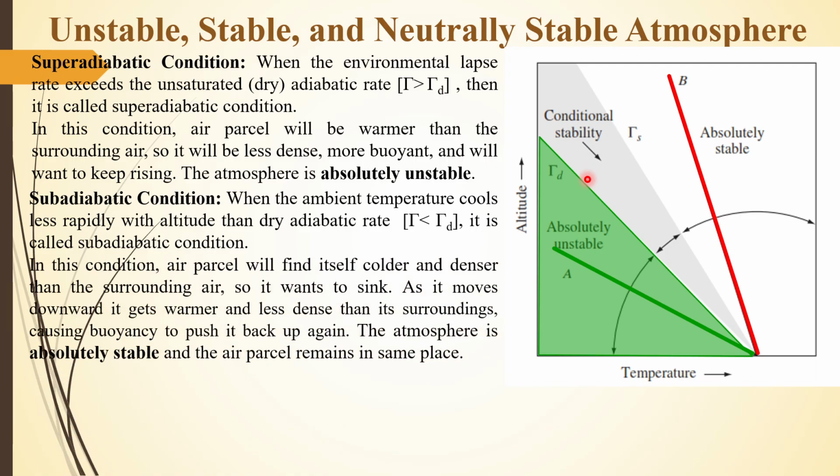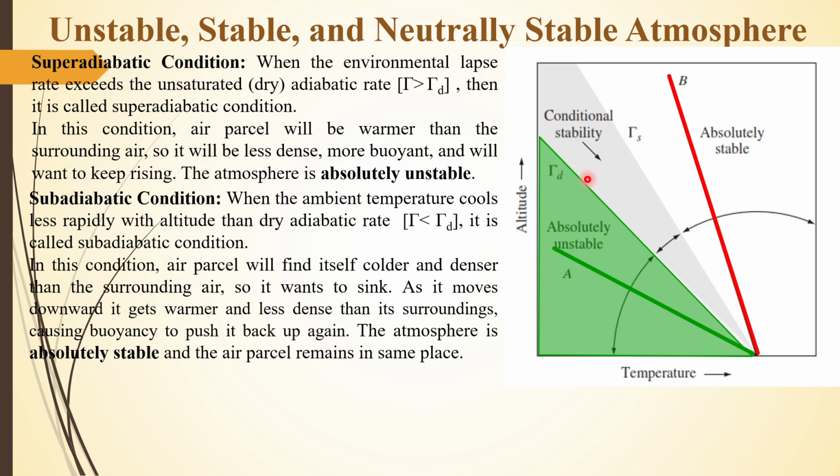So in this condition, air parcel will find itself colder and denser than the surrounding air, so it wants to sink. As it moves downward, it gets warmer and less dense than its surrounding, causing buoyancy to push it back again. This atmosphere is absolutely stable and the air parcel remains in same place.